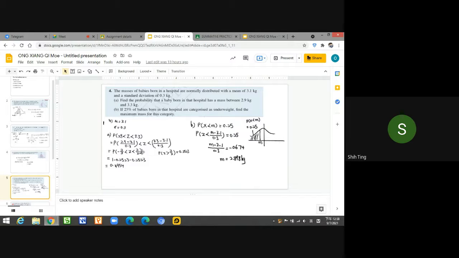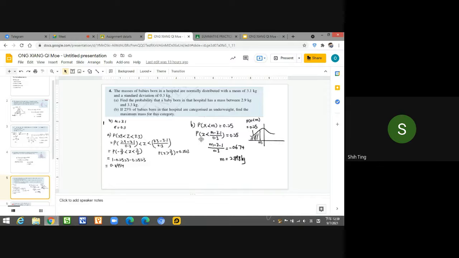The normal distribution of 2 over 3 is 0.2523. As we know, the probability that Z is greater than minus 2 over 3 and less than 2 over 3, so we use 1 minus 0.2523 times 2. We will get the answer 0.4954. Let us move to question B.